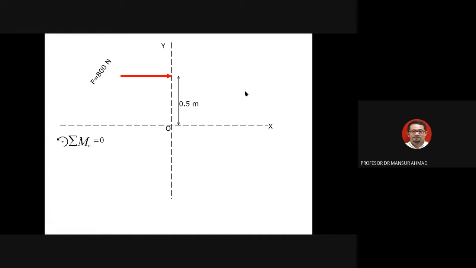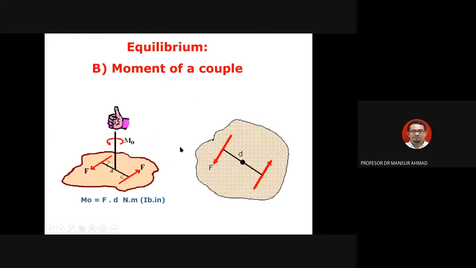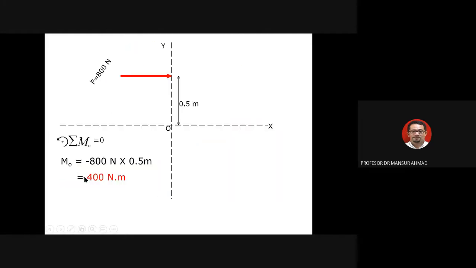Okay, so I'm going to solve this. The answer is using the formula F times D, distance times force, you get the total moment applied on point O, which is 400 Newton meter. Should be negative, sini ada negatif. Ya, ada negatif ya. Can you take notes? Sepatutnya ada negatif. Okay, so any question on this question?